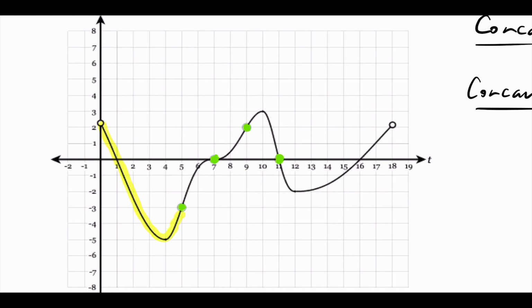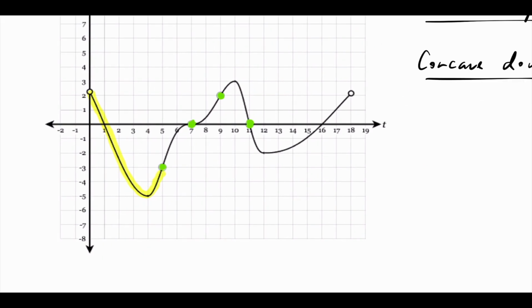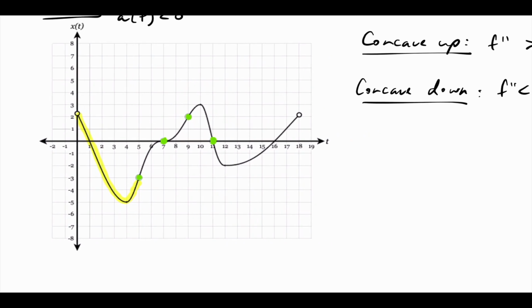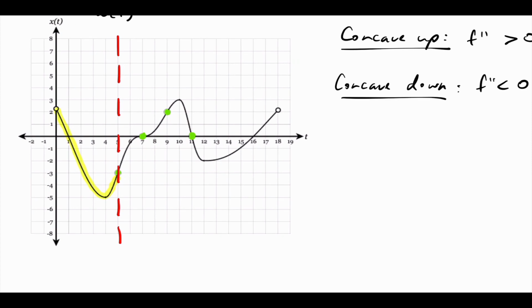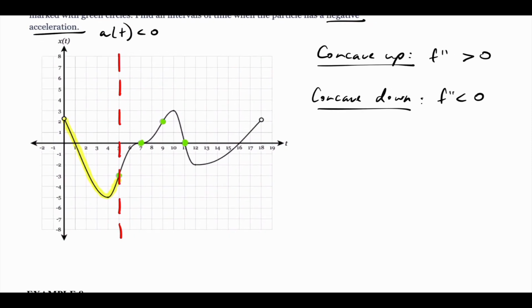Is that concave up or concave down? Is it holding water or spilling water? Concave up, right? Okay. So let's write this down. It's concave up, so that means the second derivative is positive.